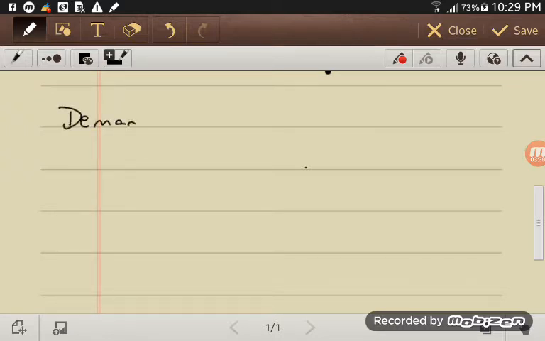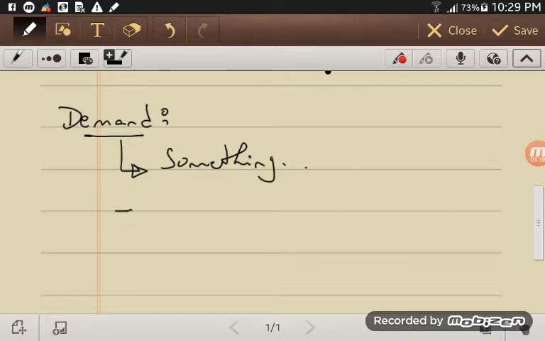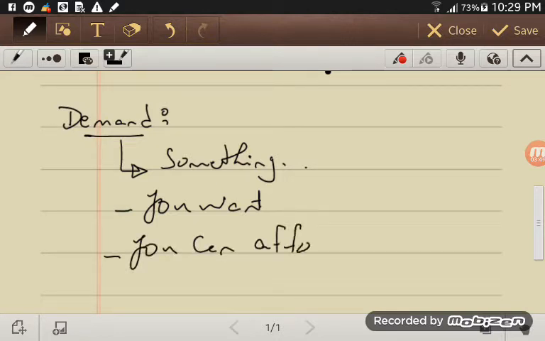The word demand means something you want, you can afford, you make a plan to buy.